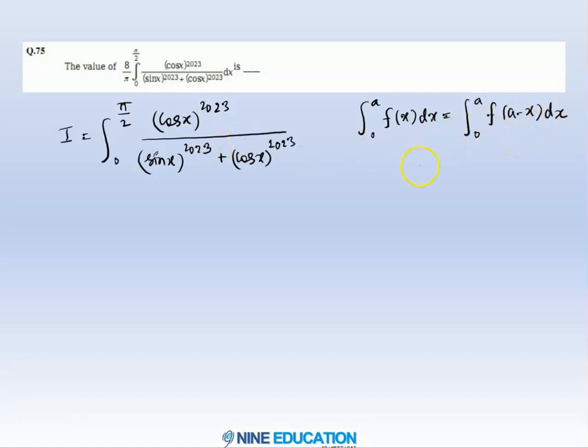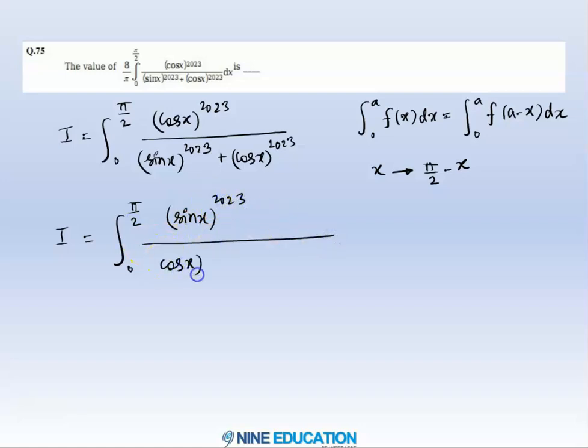Using this property here means that in place of x we will write a minus x, meaning pi by 2 minus x. Therefore cos x will become cos(pi by 2 minus x), and sin x will become sin(pi by 2 minus x), which means cos will change to sin and sin will change to cos. So the same integral I can be written as the integral from 0 to pi by 2 of sin x to the power 2023 divided by cos x to the power 2023 plus sin x power 2023. Now if you observe, the denominator is still the same in both, but the numerators are different.